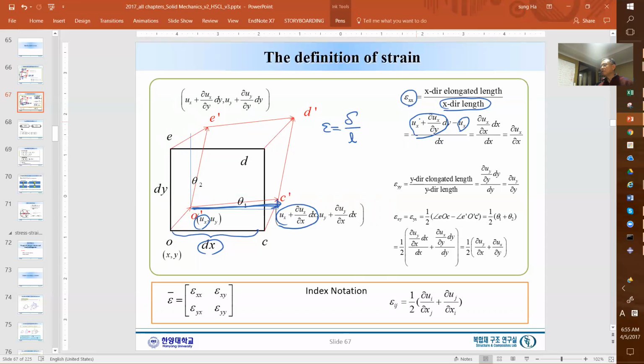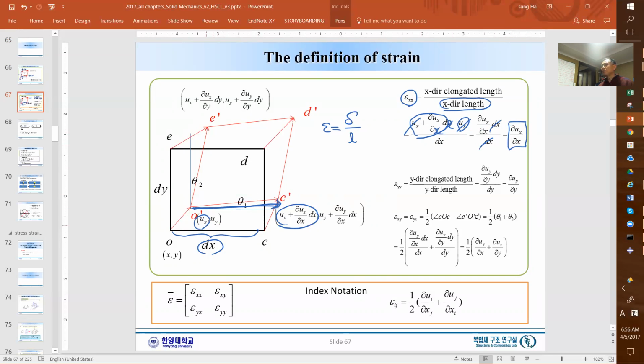Sorry, this has to be x and x. Now simply this dx and dx disappear, so this is the final, very simple form.